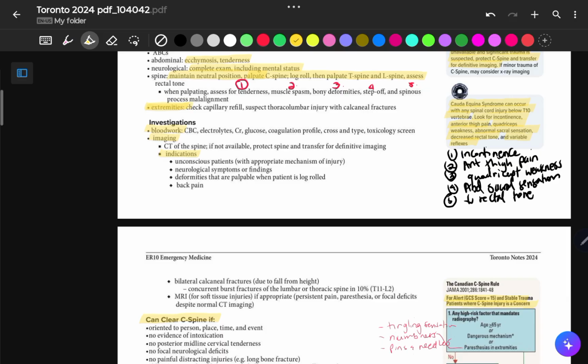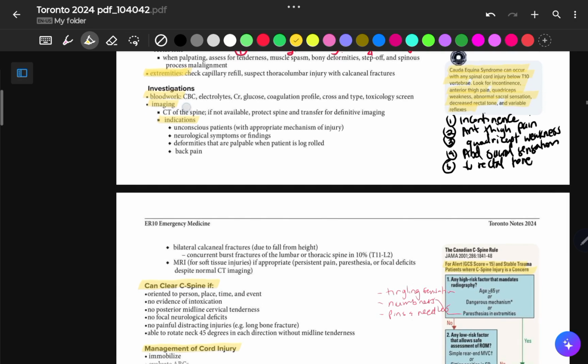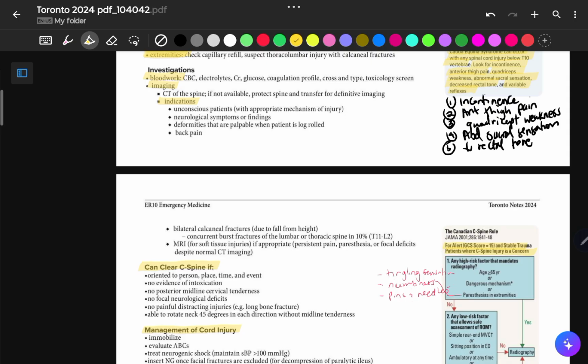The patient also presents with anterior thigh pain, quadriceps weakness, abdominal and sacral sensation changes, and decreased rectal tone. This will be the sign of Cauda Equina. It can occur with any spinal cord injury below T10: incontinence, anterior thigh pain, quadriceps weakness, abdominal sacral sensation changes, decreased rectal tone.